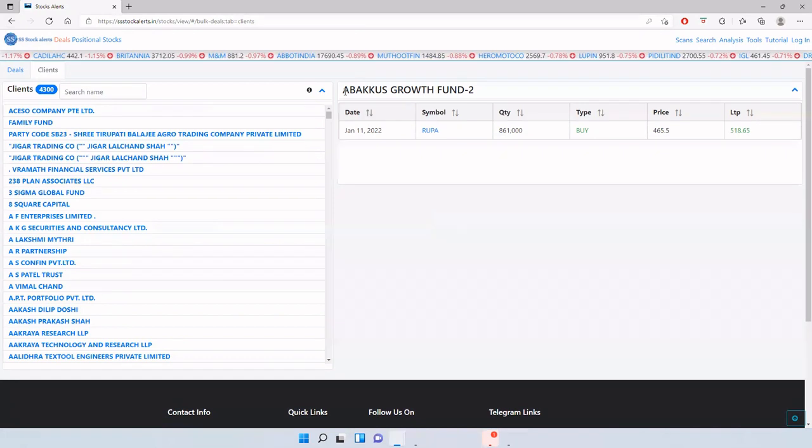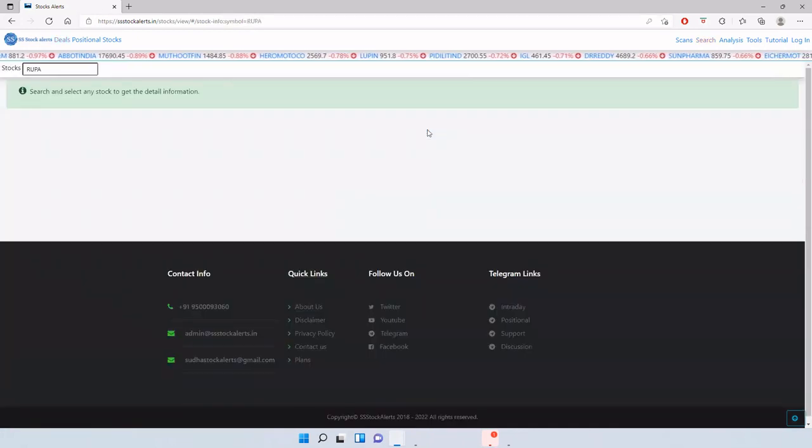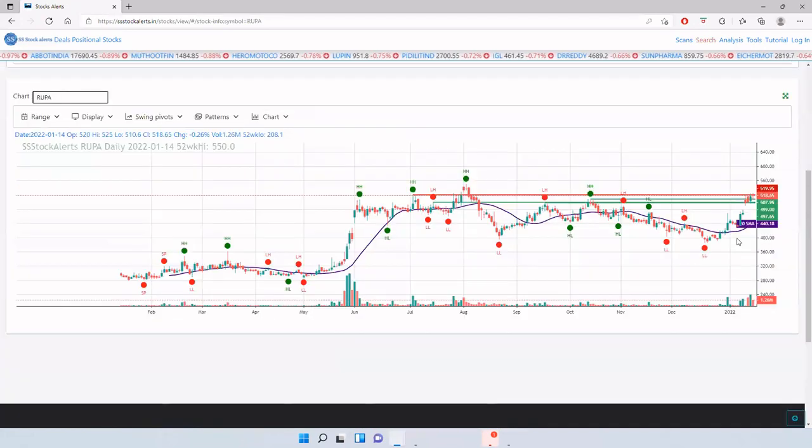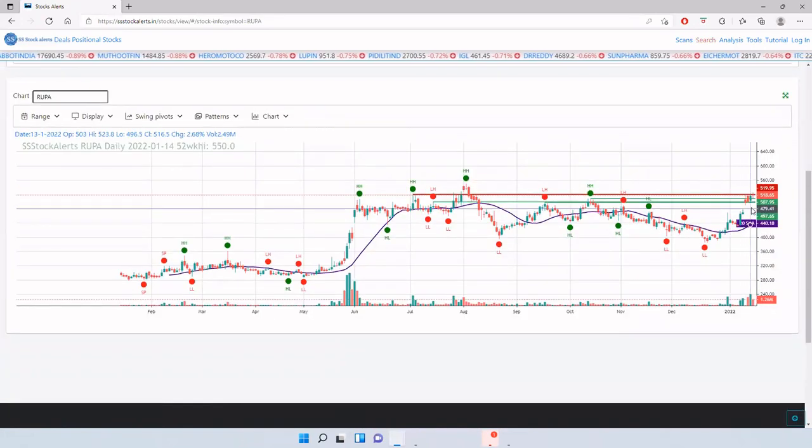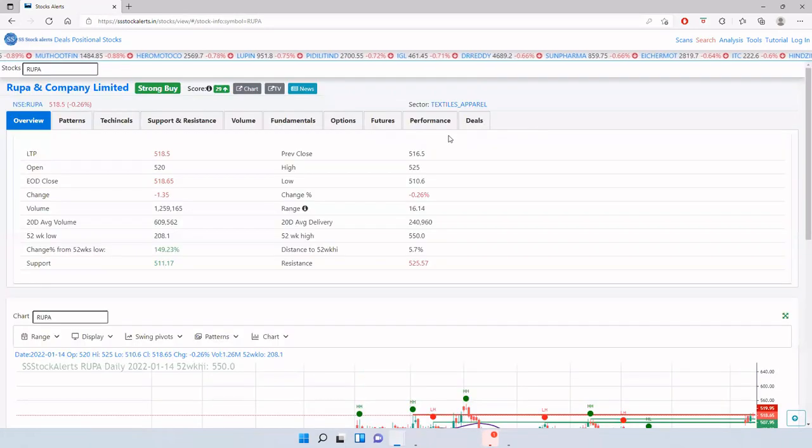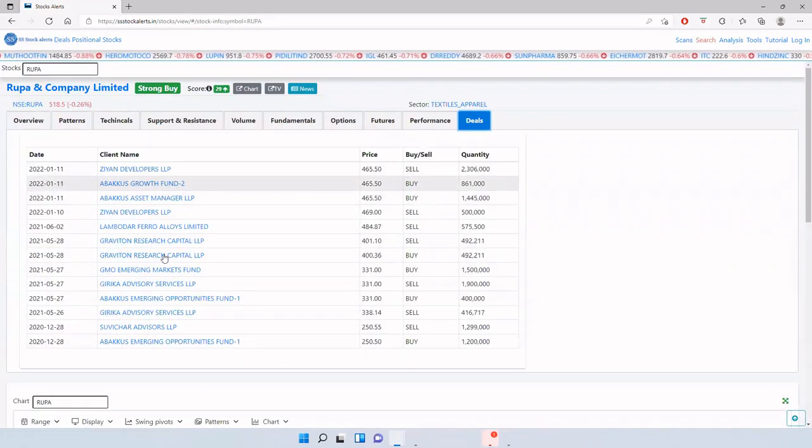Another example: there is another growth fund from Abacus itself, and see, they bought on the same day, they have bought it for 465. This is for another thing. If you go here and check the Rupa chart, there is a huge jump, see the volume here, and from here also you can see the deals, when they have bought it.